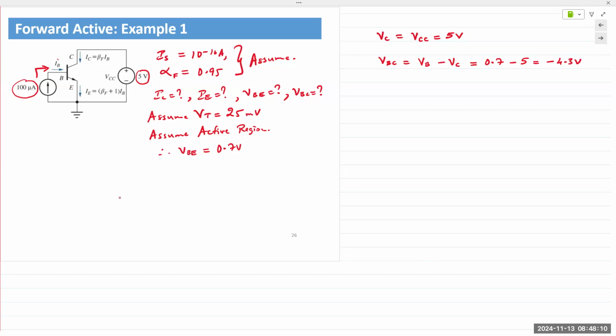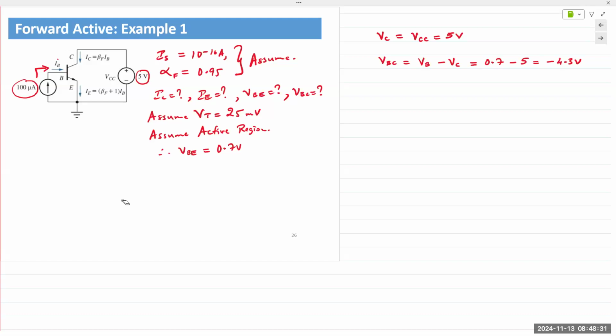Base to collector is negative, which means it is reverse bias, which is what we would want in an active region of operation.